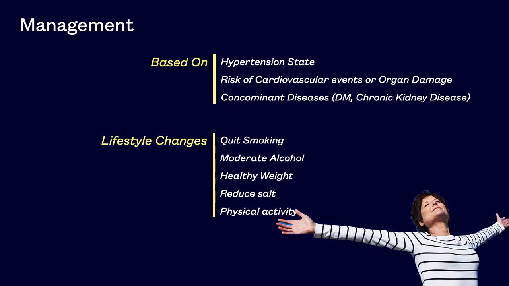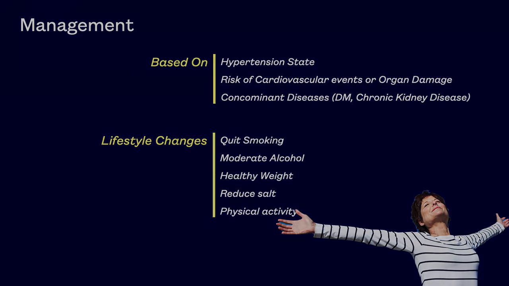As you know, lifestyle changes are crucial for all patients, especially in the long term, and include things like quitting smoking, moderated alcohol drinking, maintaining healthy weight, reducing dietary sodium, and staying physically active.